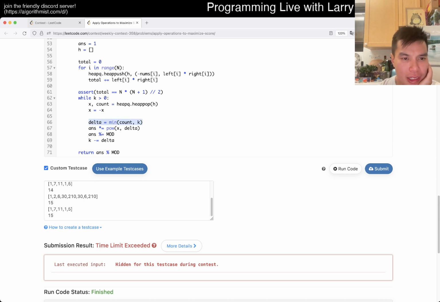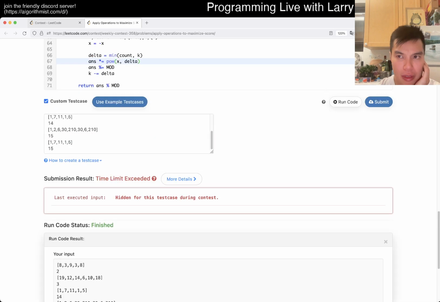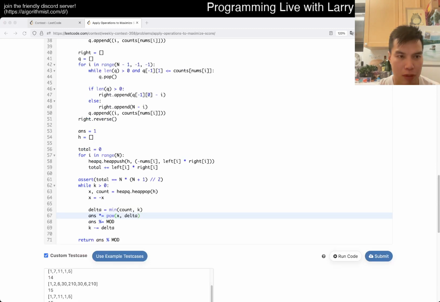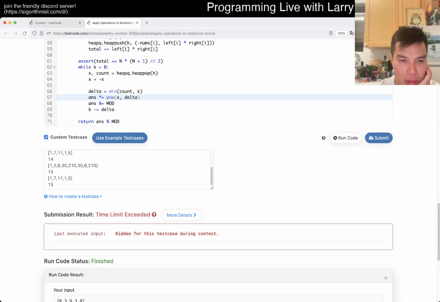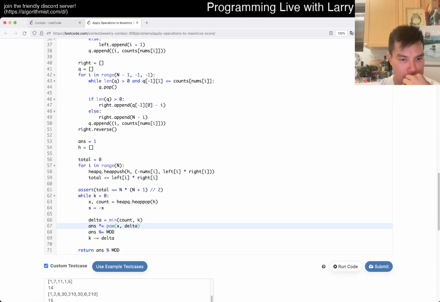No, this doesn't make sense, right? What am I debugging? I don't even know why it's debugging.